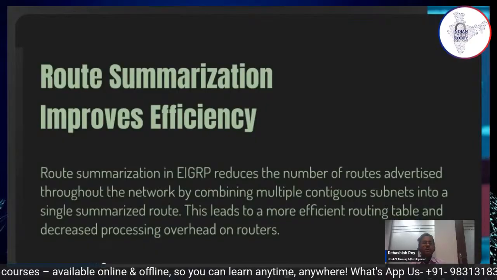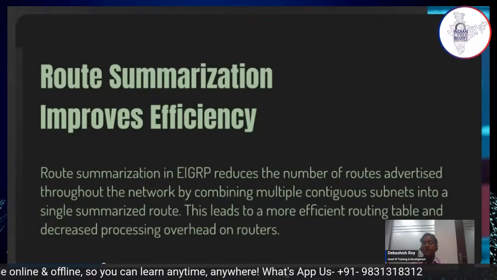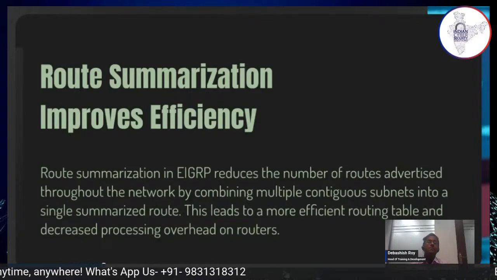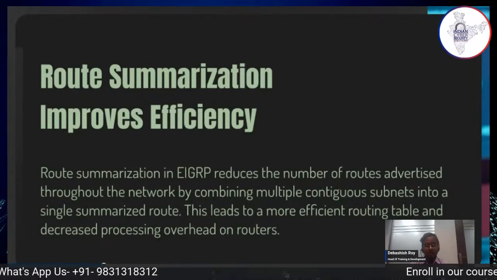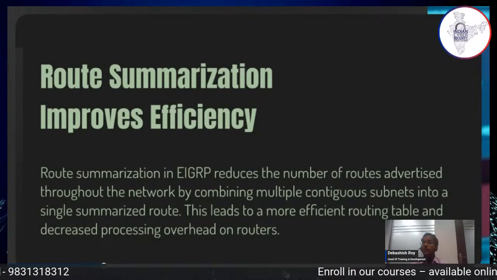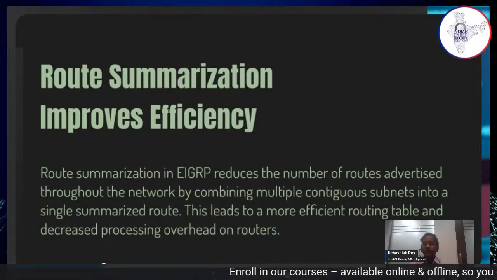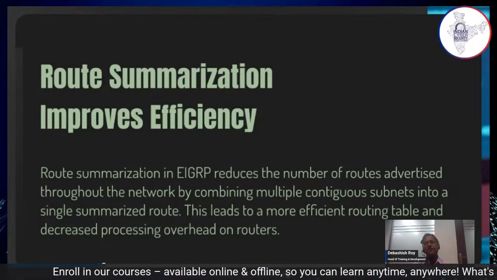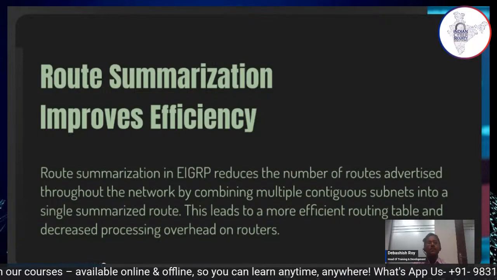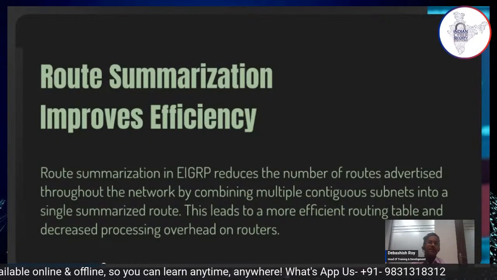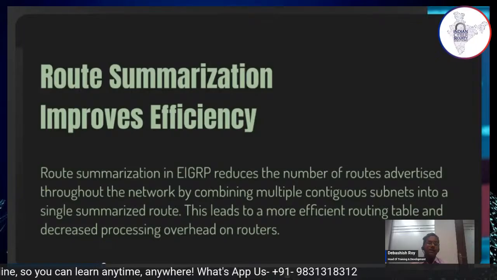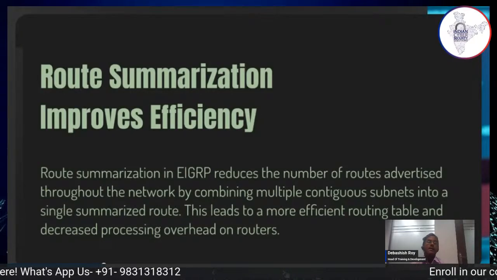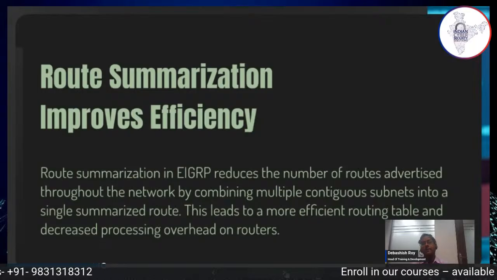Route summarization, on the other hand, improves efficiency. Route summarization in EIGRP reduces the number of routes advertised, because say you have hundreds of loopback interfaces on a router, then you can advertise those, and one by one they will be advertised to the other router and seen in the routing table. Now definitely that is not efficient, because if you want to perform the routing there, one by one you have to do it, and it will take a lot of CPU power.